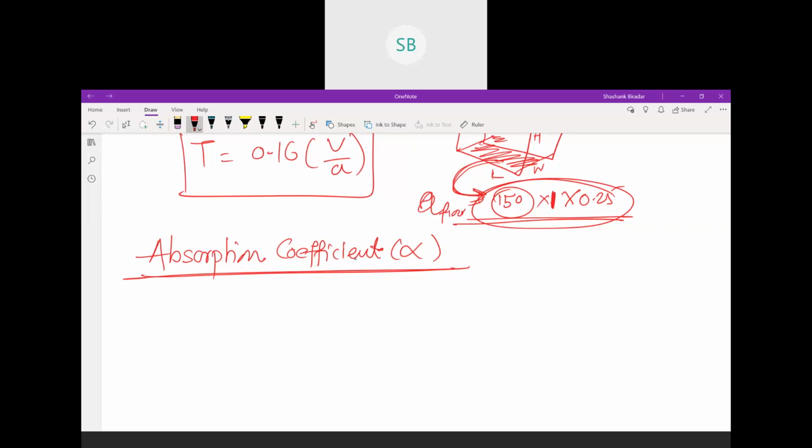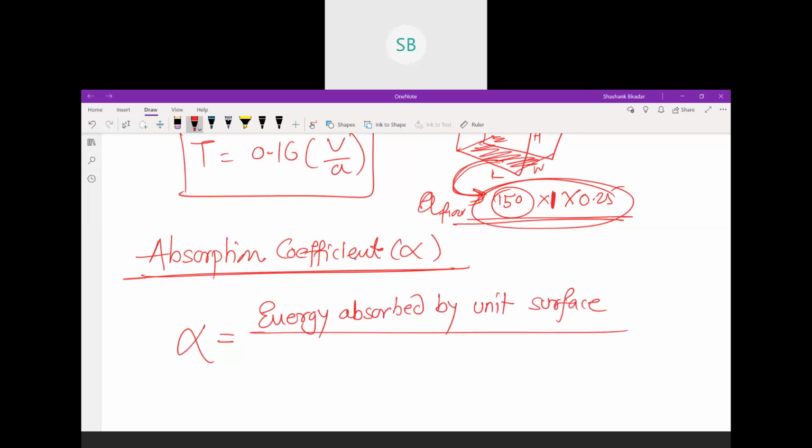So let me write down: alpha is equal to energy absorbed by unit surface divided by energy received by unit surface.